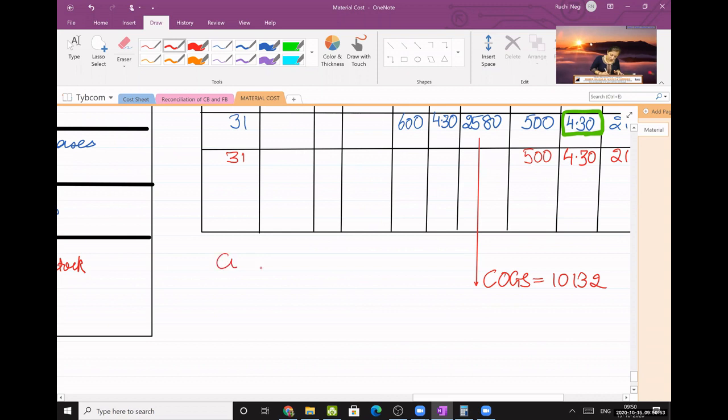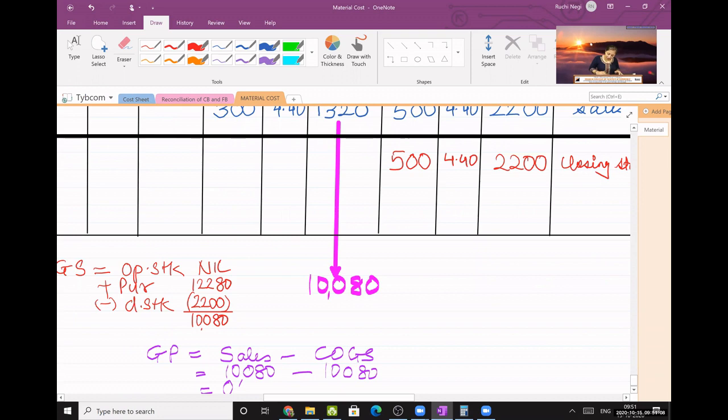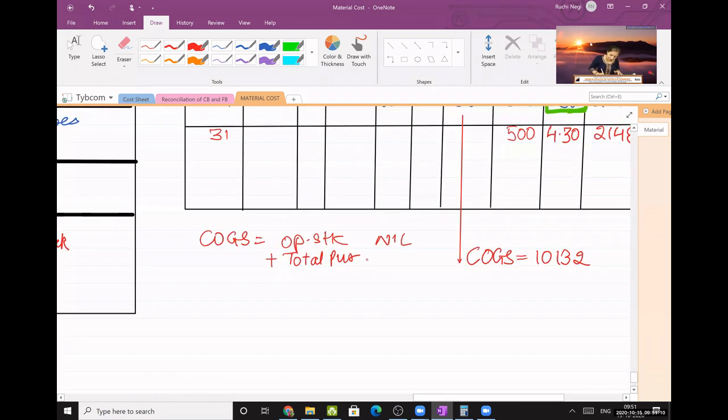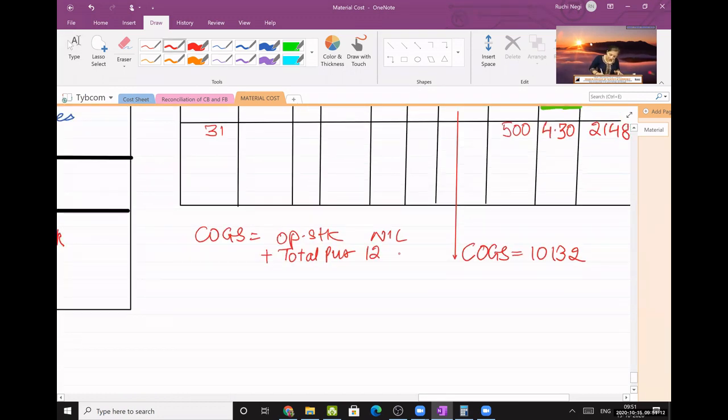COGS is equal to opening stock, which is not there in the sum, nil. Add total purchases. How much was it? You can take the same, the same answer will come, 12,280, and less closing stock.